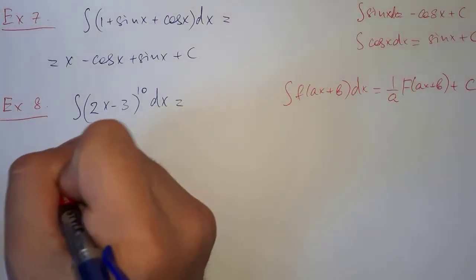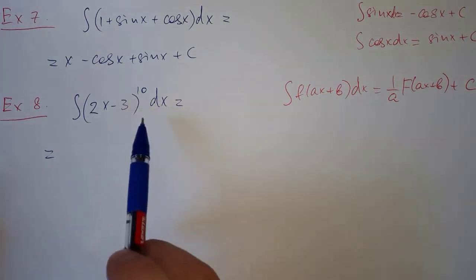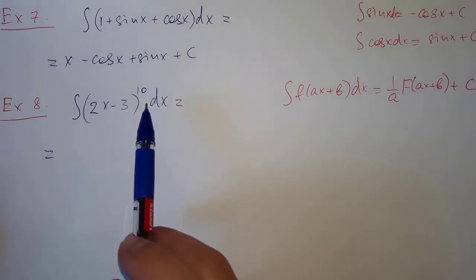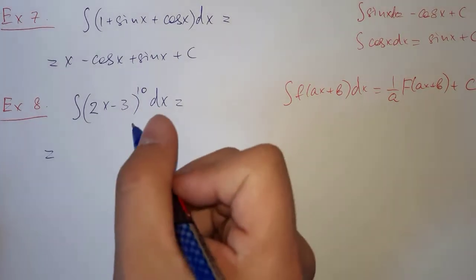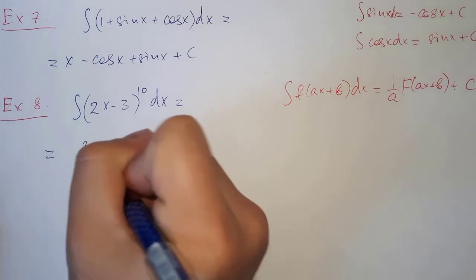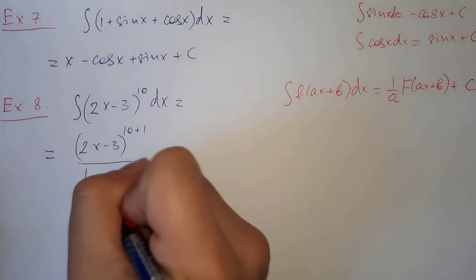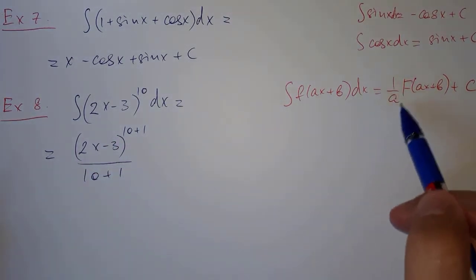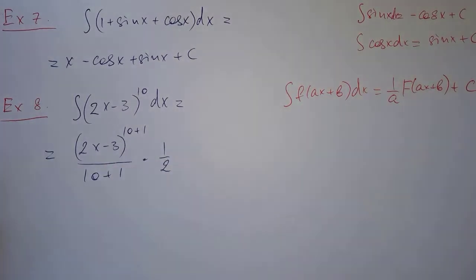Look here, our function is a power function. So using this formula, it will be (2x minus 3) to the 10 plus first degree over 10 plus 1, and of course 1 over a, our a is 2, so it will be 1 over 2 times that, plus c.